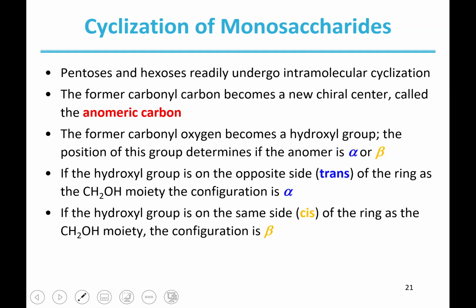So if the hydroxyl group is on the opposite side of that CH2OH, and that will be the last sugar in the open form chain, you can think of that as being sort of like a trans isomer, thinking back to some terminology from organic chemistry, and that's the one we term as alpha anomer. If the hydroxyl group is on the same side, so you can think of that as being sort of like cis, then we term that as the beta anomer.